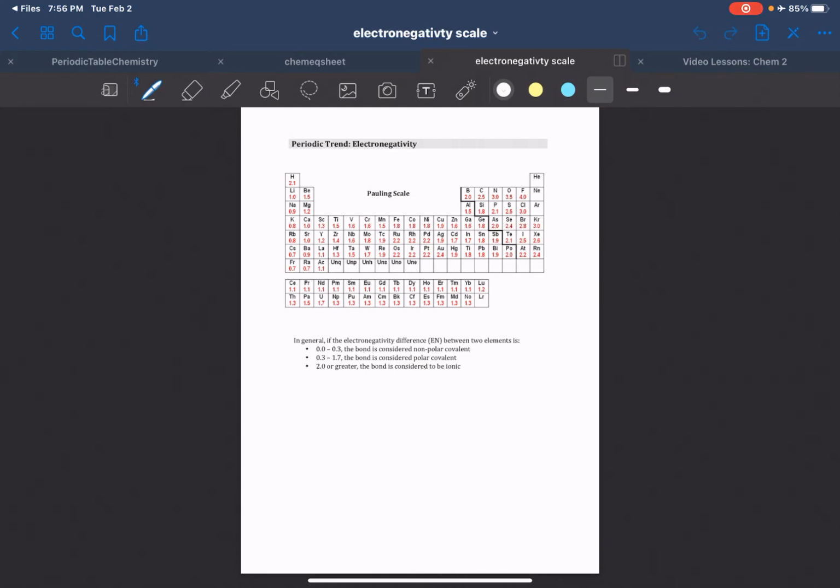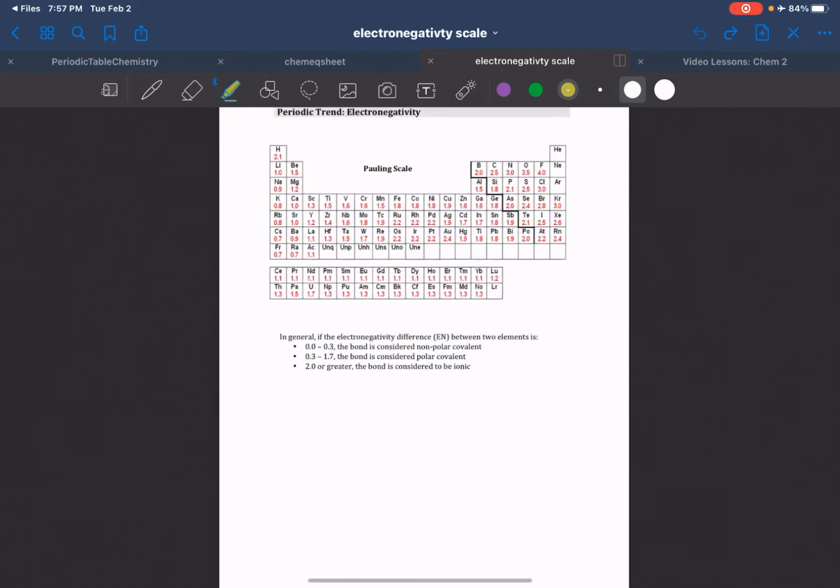You can find this in various places, and depending on which text or resource you look up, you may find electronegativity values that go to the nearest hundredth place instead of just the tenth place. This is a nice, neat, and orderly one that we like using for class, and I've got these notes right down here for you.